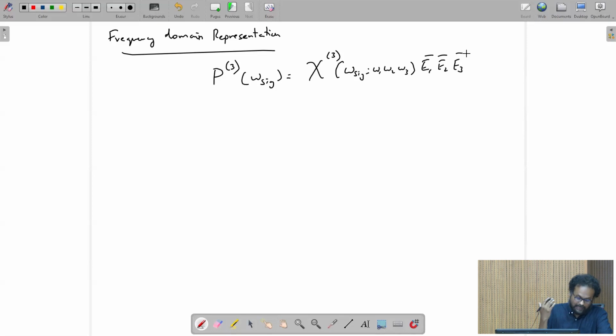Okay, remember that this frequency representation of your chi3 is simply a Fourier transform of your impulse response function.